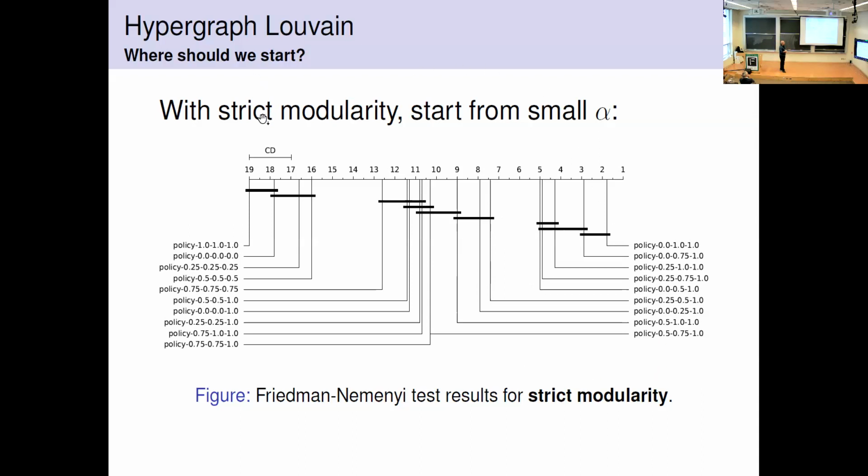For strict modularity, you should notice that the first number is always small: 0, 0.25, 0, 0. Those are the alphas. So you should always start with small alphas for strict modularity. That makes sense because this is one of the cases where it's harder to lift from the ground, right?